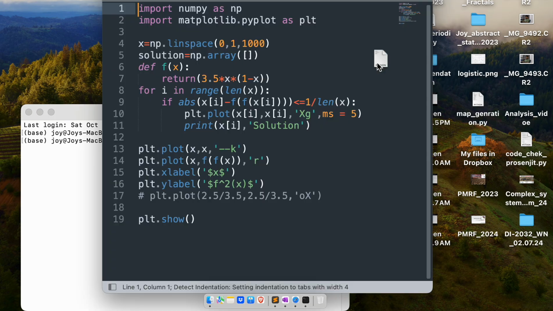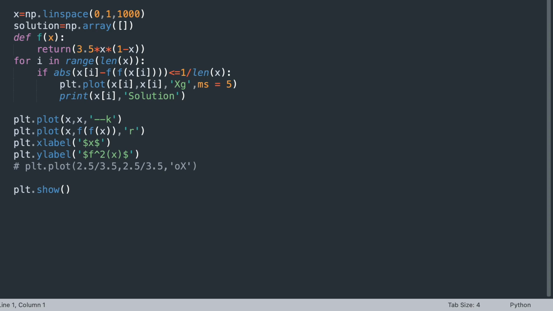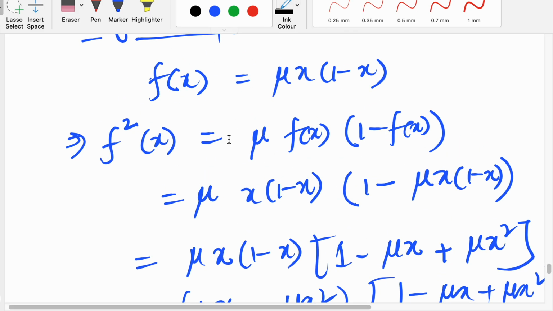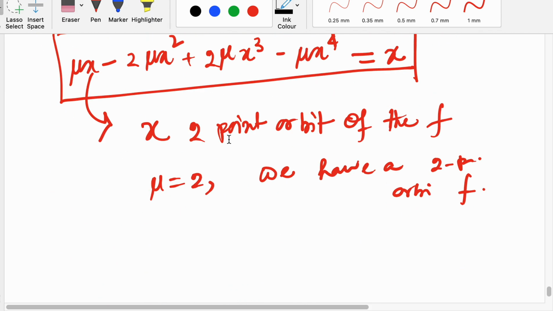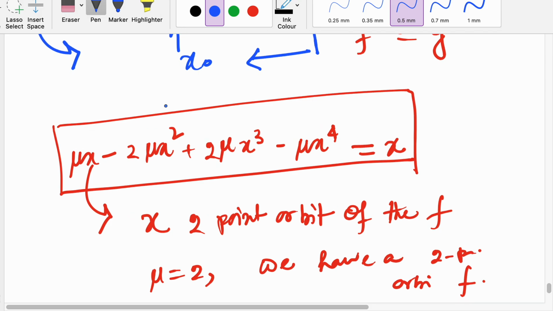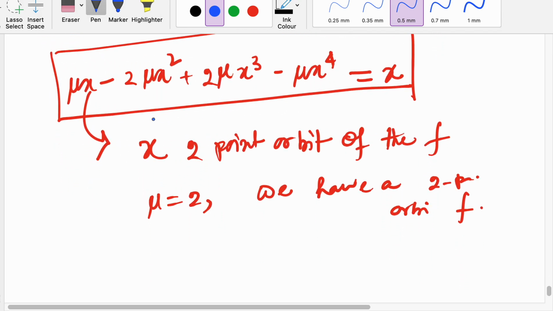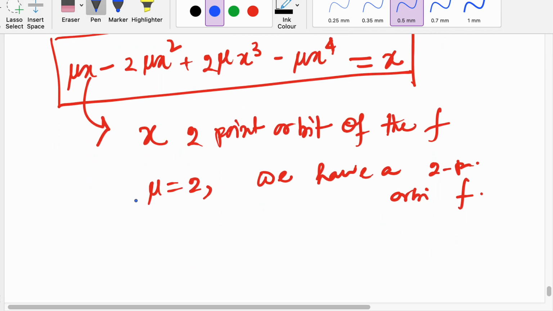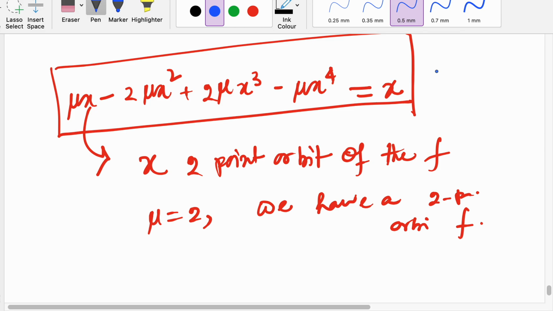Okay, what is going on here? I will tell you what I'm doing. First of all, how will we solve this? As we have learned, we can solve it through the graphical method. So for mu equal to 2, I have to solve this equation.